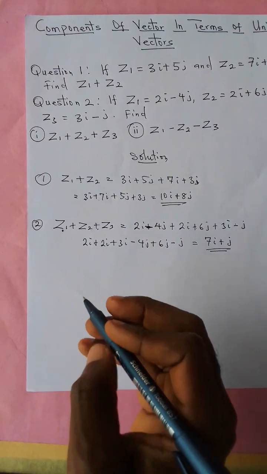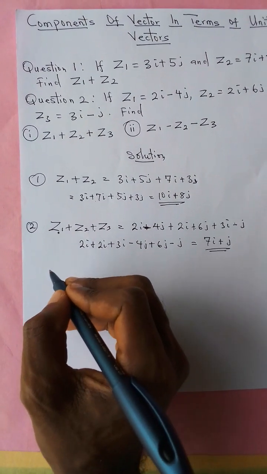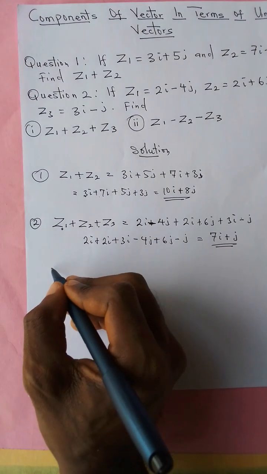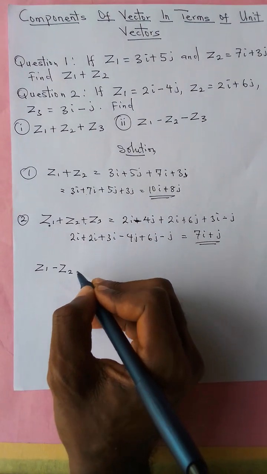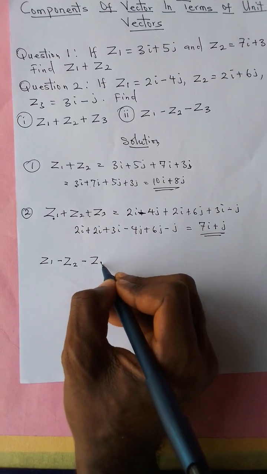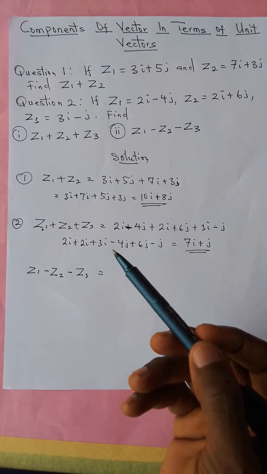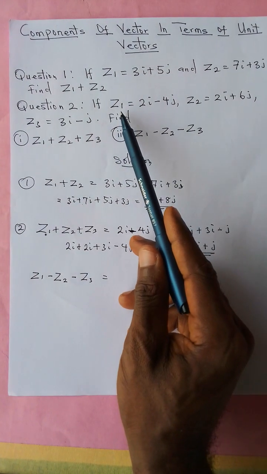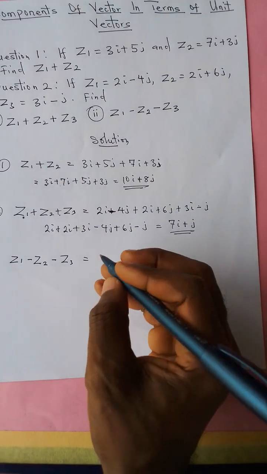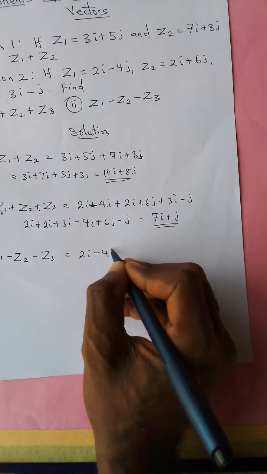Okay? Then the second question, that's (ii), says Z1 minus Z2 minus Z3 equal to what? So now we just plug in the values. Z1, what is Z1 in question 2? Z1 is 2i minus 4j.